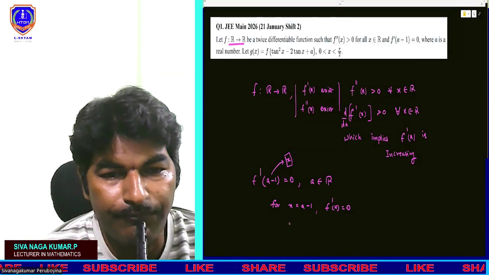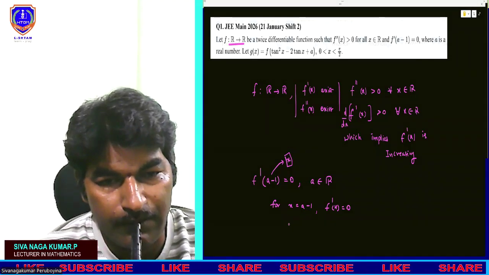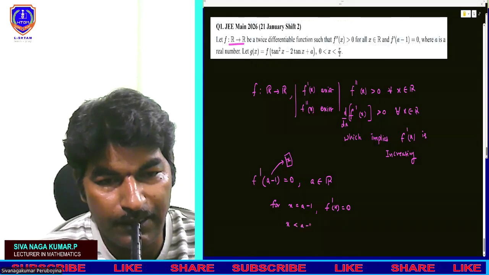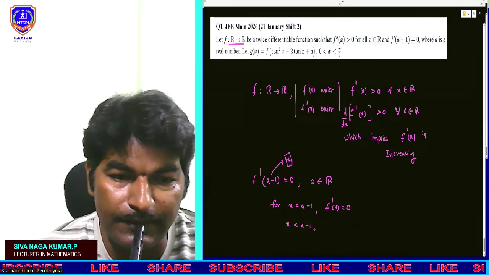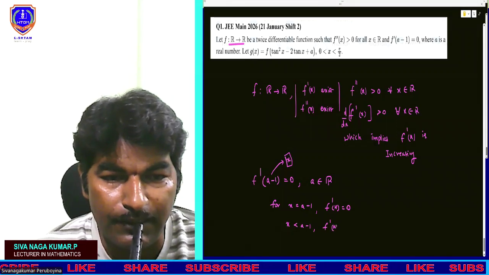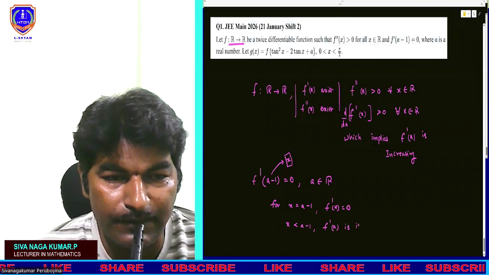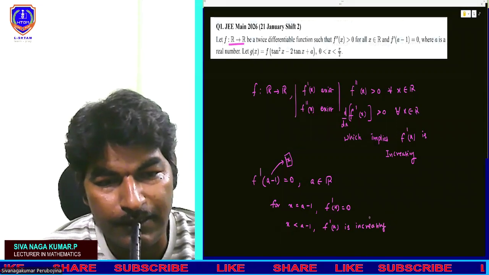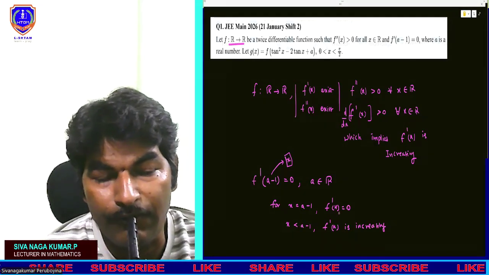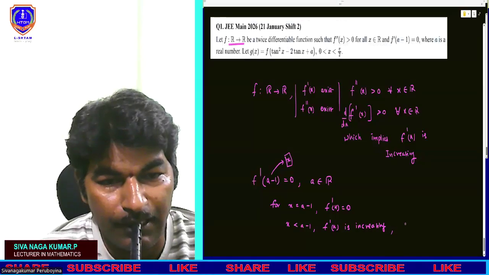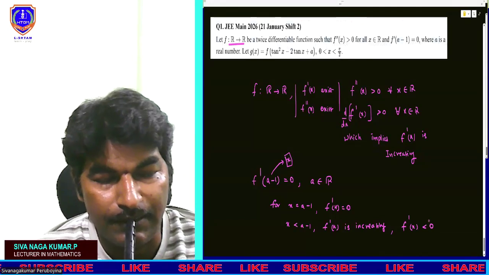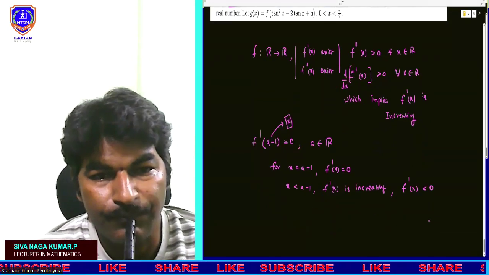And if x is smaller than a minus 1, since f'(x) is increasing, remember f'(x) is increasing and x is below a minus 1, of course f'(x) is below 0.